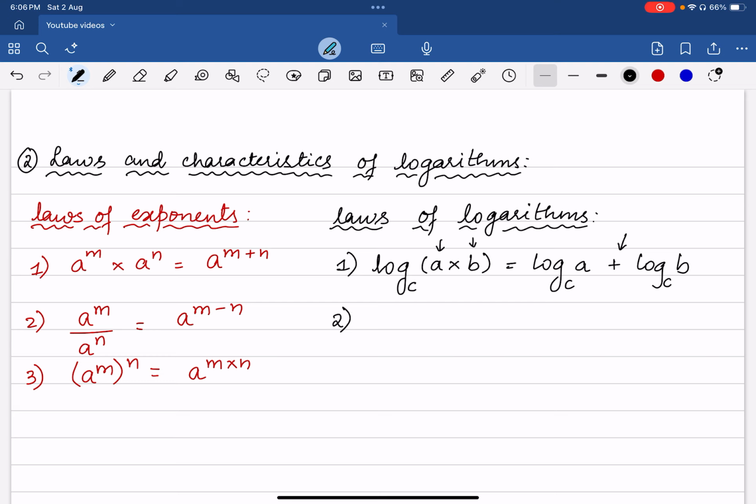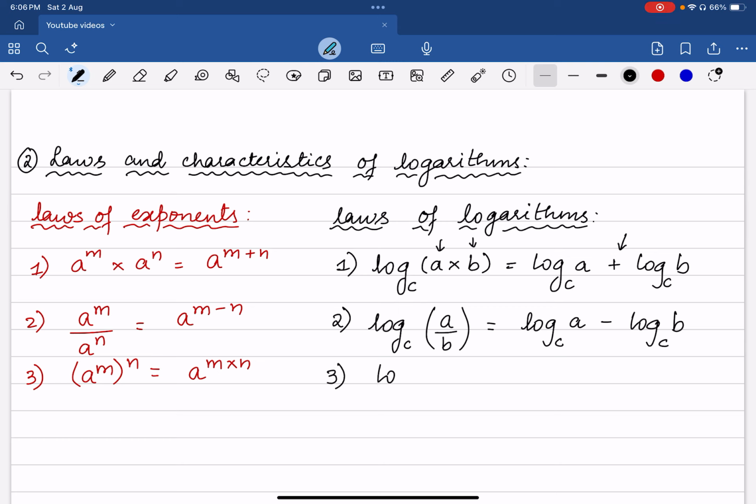So log kind of eases our lives. Similarly, if you had division over here, it comes out as log a minus log b. Obviously, I have not written the base, which means it has to be the same base everywhere.